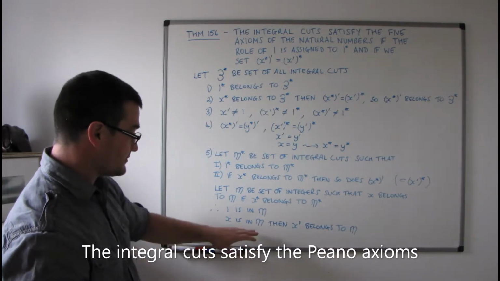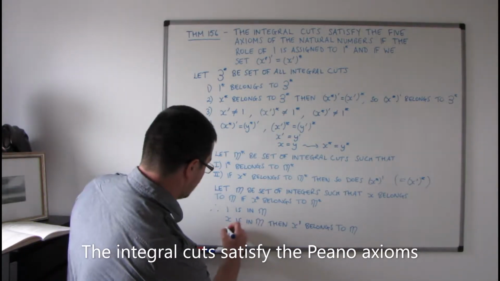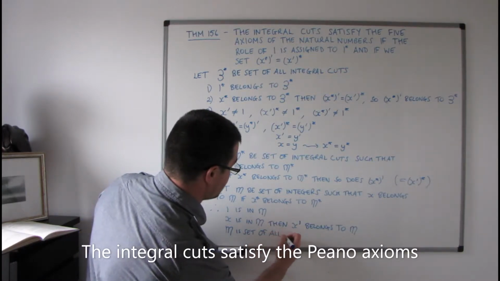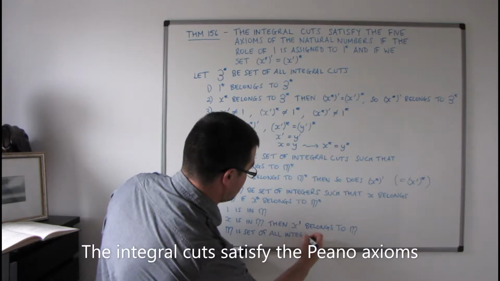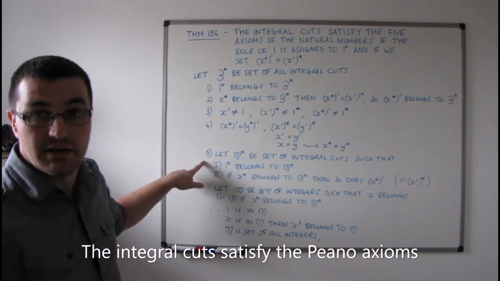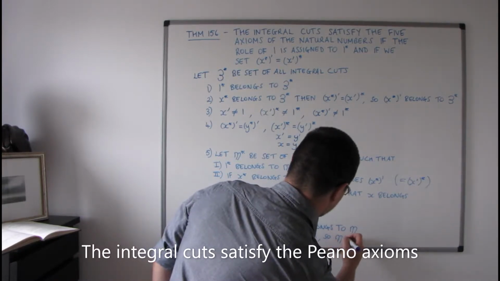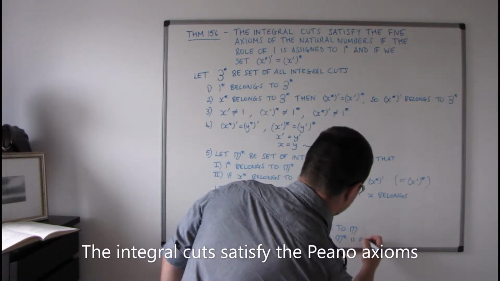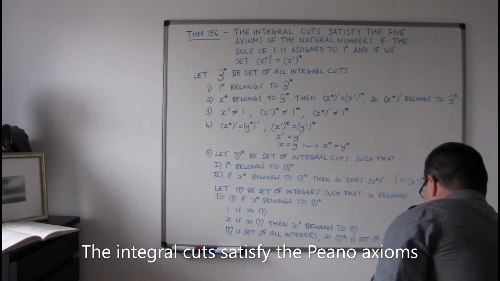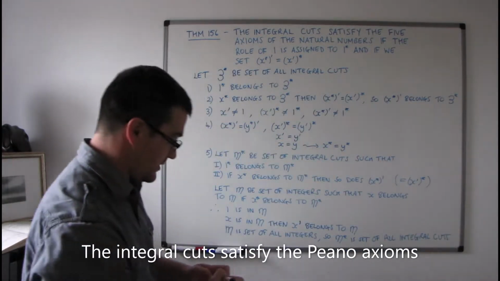So therefore m is the set of all integers, so therefore m star must be the set of all integral cuts. So just squeeze that in there.